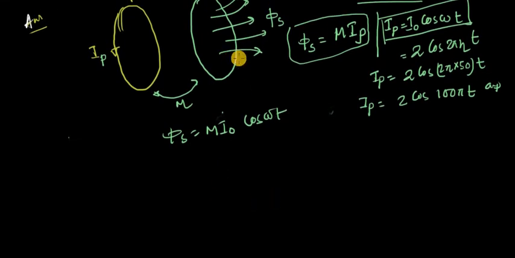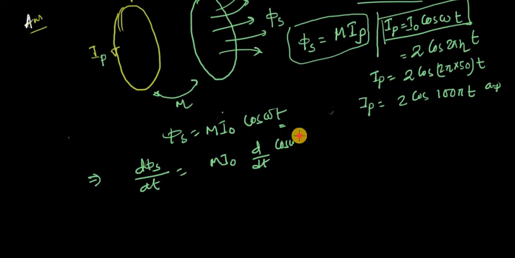Therefore the flux through the secondary coil is a function of time, right? Flux through the secondary coil is a function of time. Therefore the rate of change of flux with time is M I0 d/dt of cos omega t, and you know the differentiation of cos gives minus omega M I0 sin omega t.